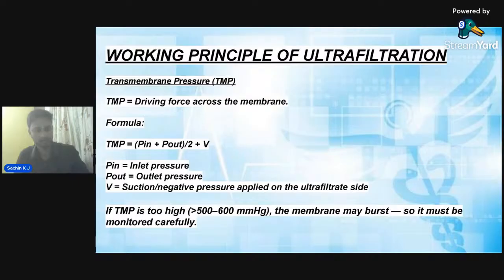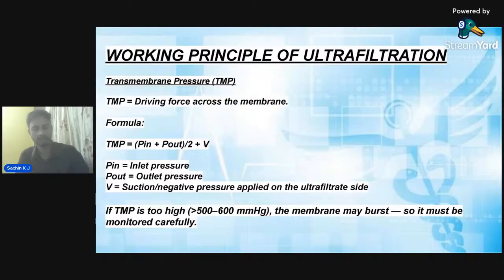Principle of ultrafiltration. I will discuss the working principle now. Mainly, it is transmembrane pressure. What is transmembrane pressure? It is the driving force across the membrane. Whatever pressure we are applying during ultrafiltration is called transmembrane pressure.